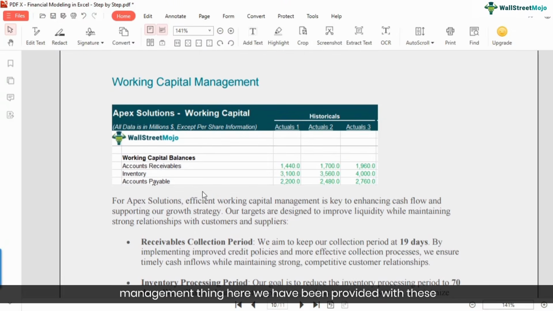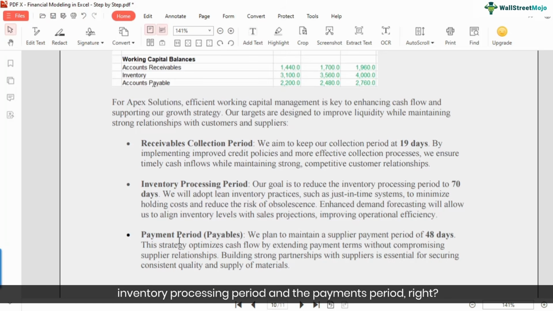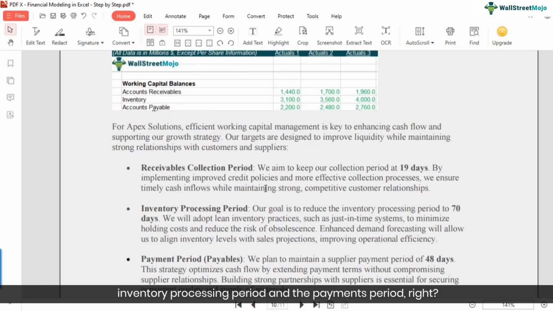So when we look at the working capital management section here, we have been provided with these three details: receivables collection period, inventory processing period, and the payments period, right? So let's read this. We have been provided that the receivables collection period will be around 19 days.